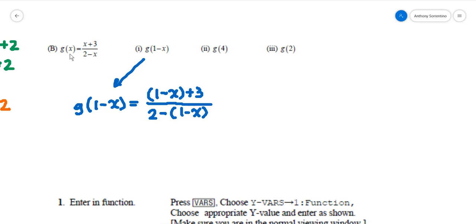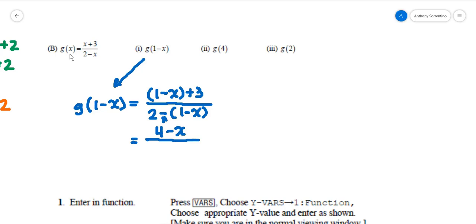Now I could do some simplification. On top, I really don't need the parentheses because the only thing that's going on after the parentheses is the addition of 3. So I have 1 minus x plus 3. The 1 plus 3 would combine, they're like terms. I'm going to have 4 minus x. On the bottom, however, I have a negative sign right here.